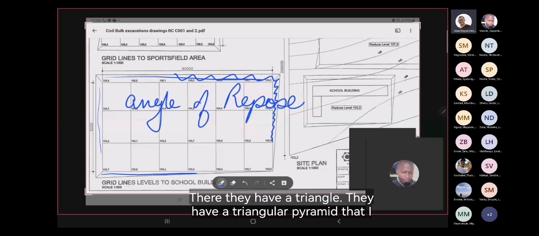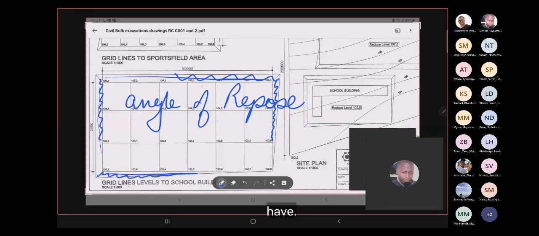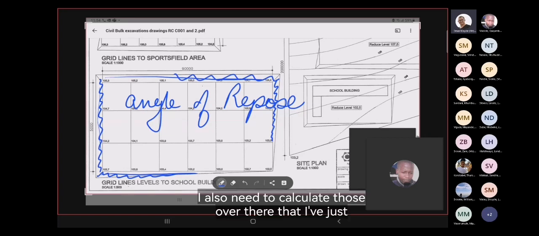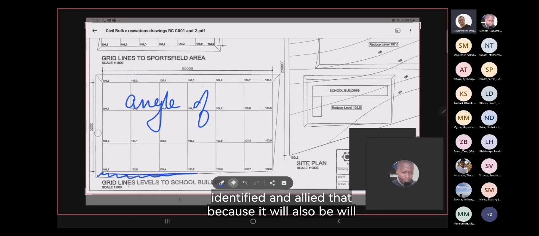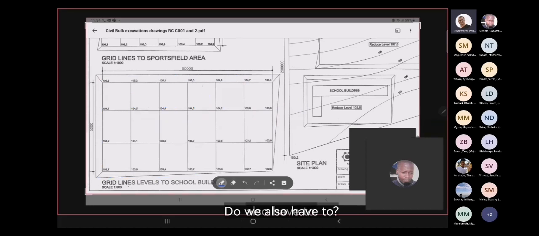There I have a triangle, a triangular pyramid. So I also need to calculate those that I've just identified and highlighted, because we will also have to calculate the excavation there. There I have two.